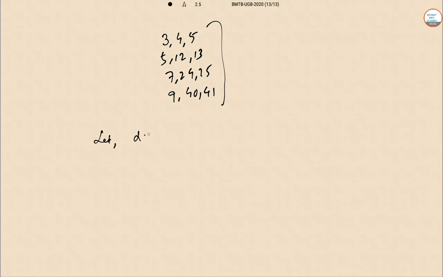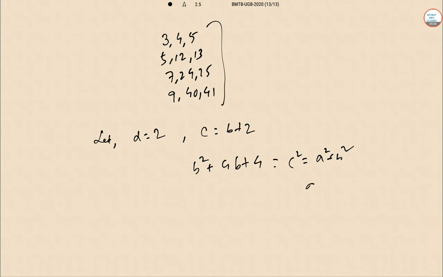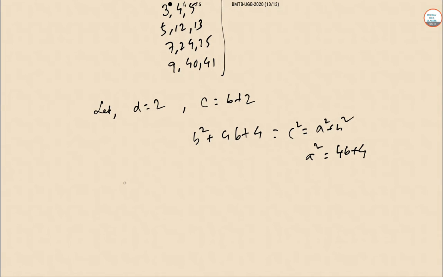Let the next case be d equal to 2. So c equal to b plus 2, so b square plus 4b plus 4 equal to c square equal to a square plus b square. So a square equal to 4b plus 4. It follows that a is even, so we can take a equal to 2k.